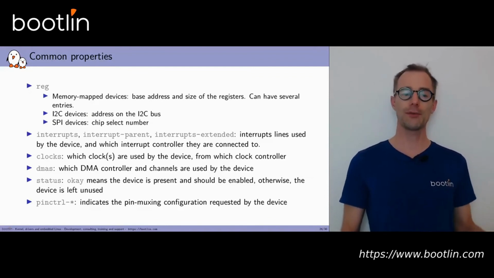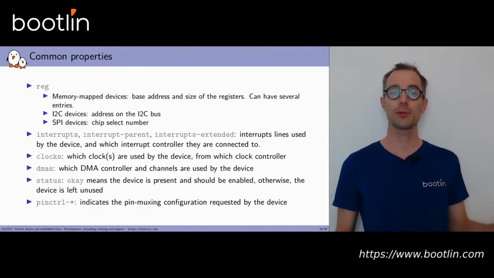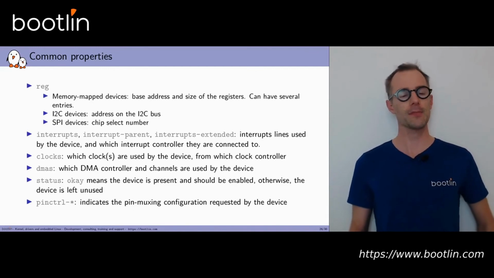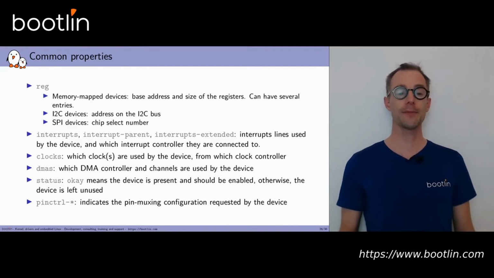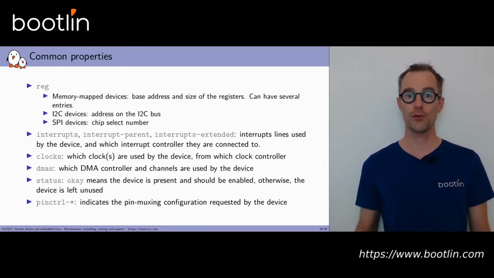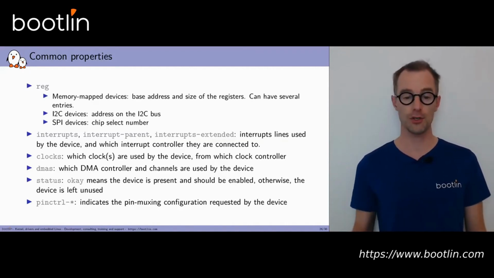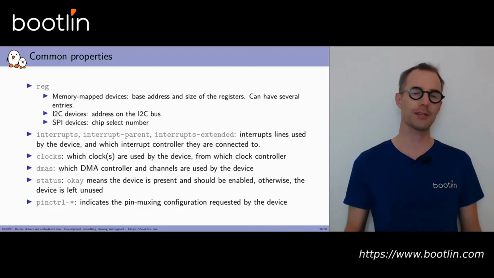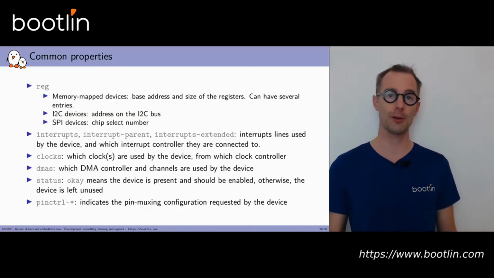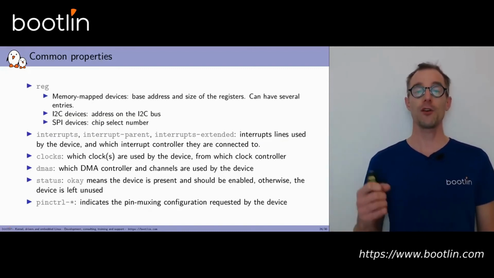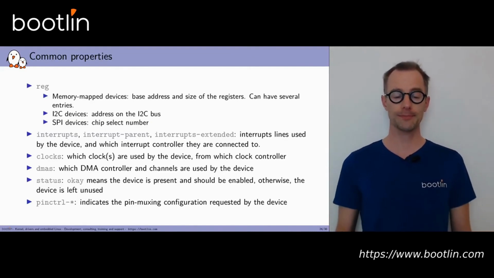There can also be several entries if the device has multiple areas of registers. For I2C devices, the reg property will contain the address of the device on the I2C bus. For SPI devices, it contains the chip select number, and every bus can give a slightly different meaning to the reg property. Then we have properties to describe interrupts.